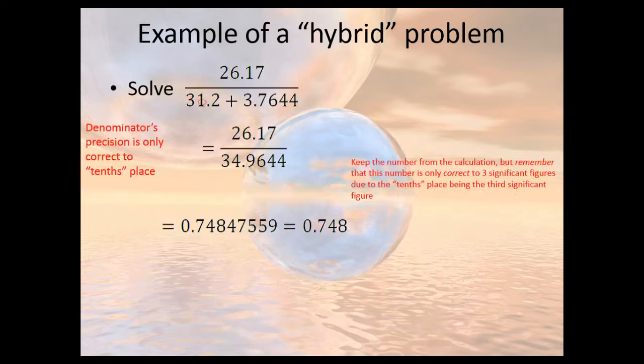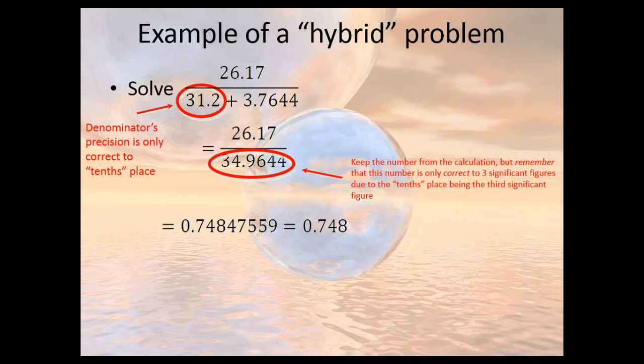So let's see how it goes. Again, the 31.2 is good to the tenths place, so the denominator of this fraction, which was the result of a sum, remember with addition and subtraction problems, it's about the placeholder, the least precise placeholder, so this sum is only good to the tenths place.